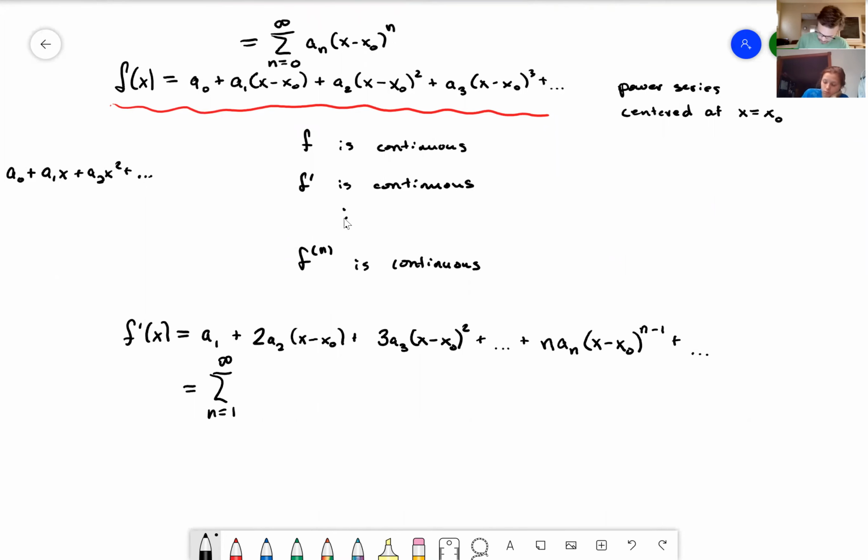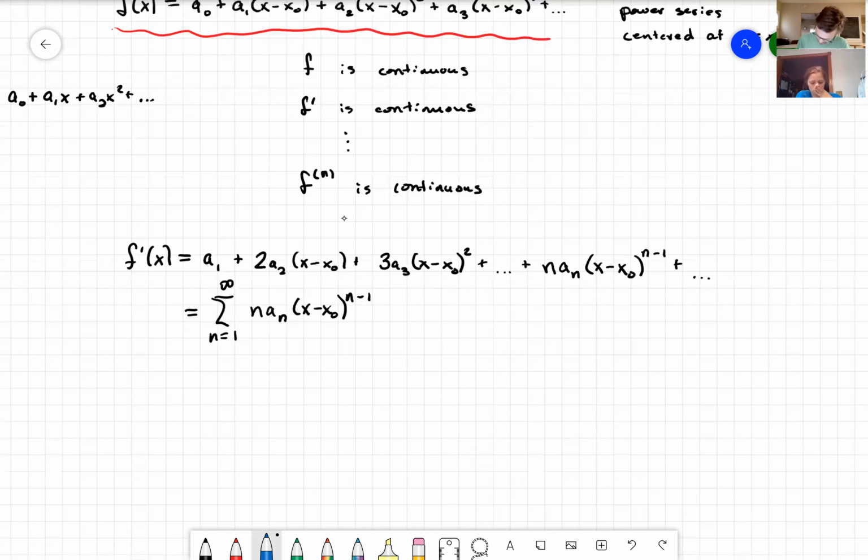When we take the derivative, this constant term is going to go away. n a n (x minus x0) to the n minus 1, which is pretty easy to see by applying the power rule to this arbitrary term here, the general term.